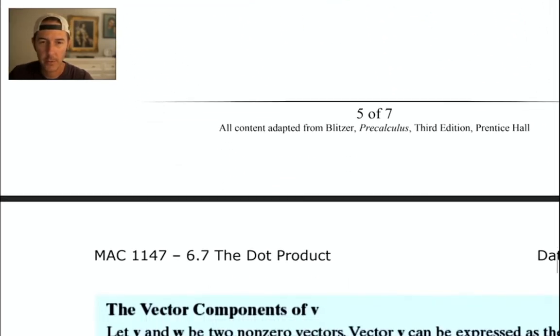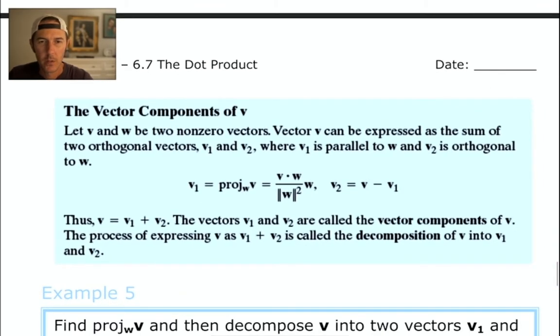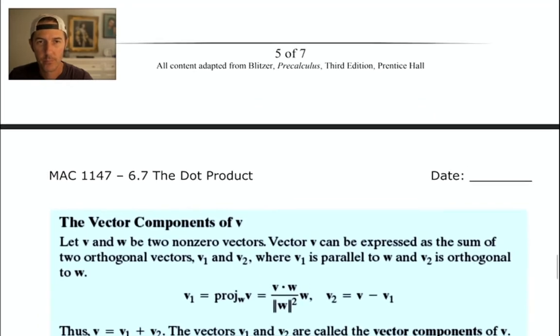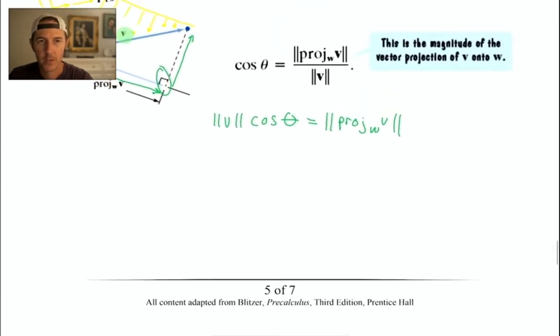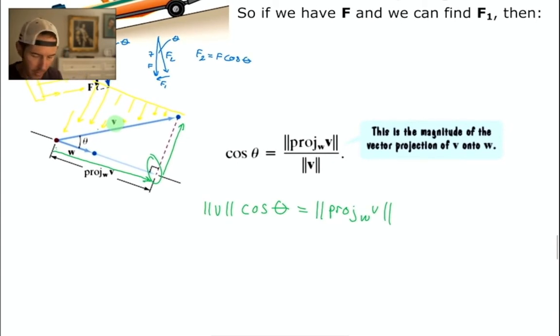Okay, so let's come back down here. Expressed as the sum of two orthogonal vectors V1 and V2, where V1 is parallel to W. So it appears that this vector is V1.